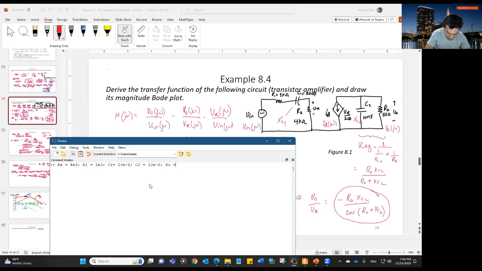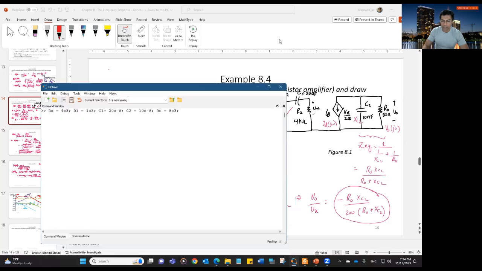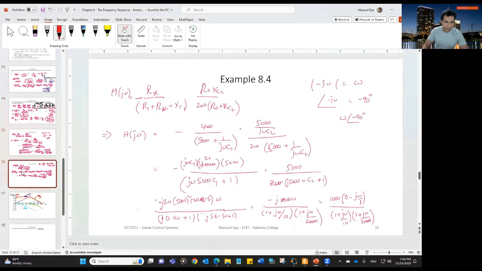So I put down all the values of my circuit that I have in the expression right over here.